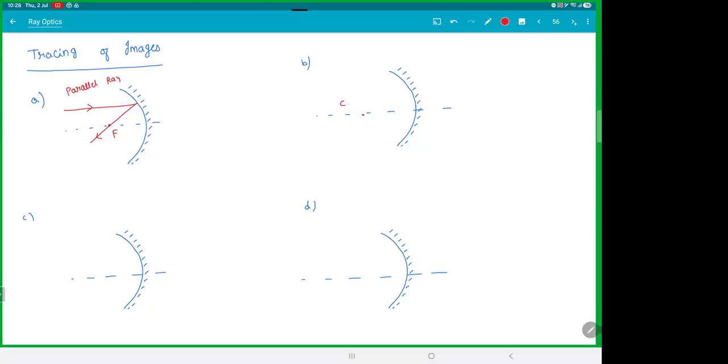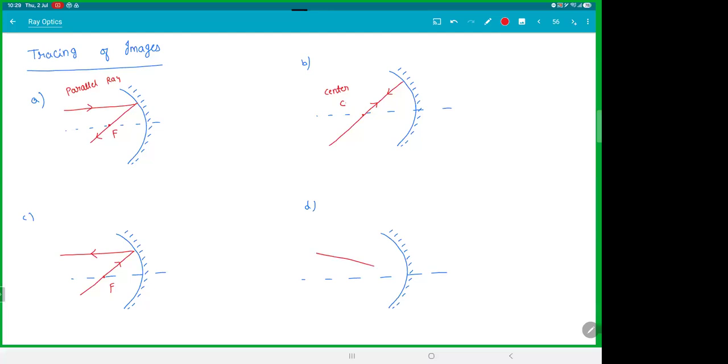Next thing, center is there. If you send a light ray through the center, it will come back. It will retrace, it will come back the same way. If you send a light ray through the focus, it will become parallel.